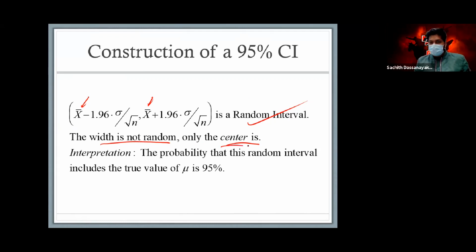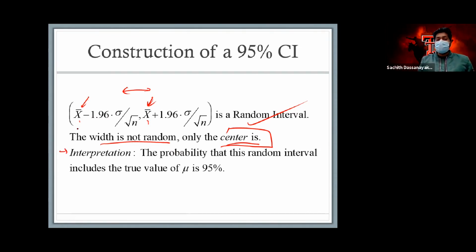That's why the center is random, but the width is not random. The gap between these two is not random. Once this changes, it affects this as well, so the width remains the same.